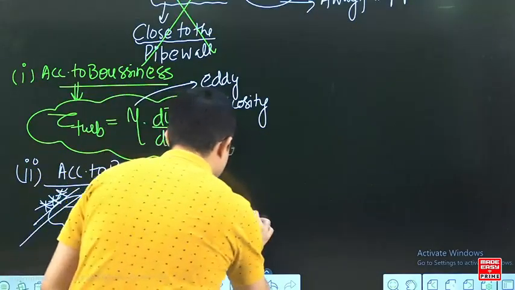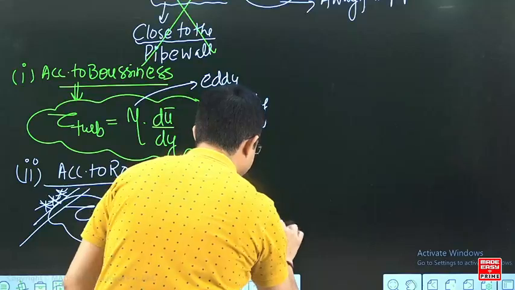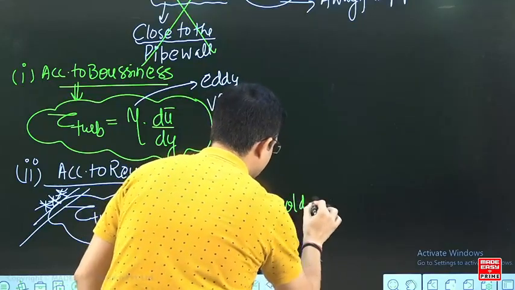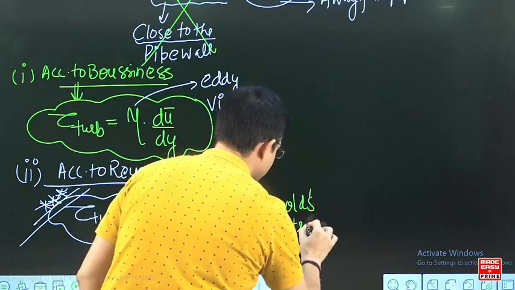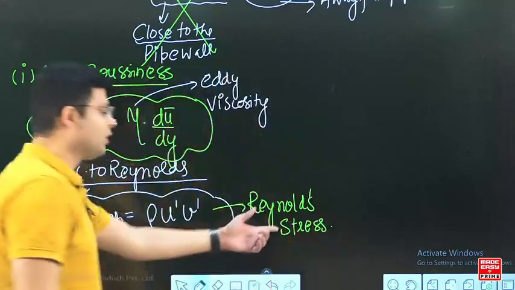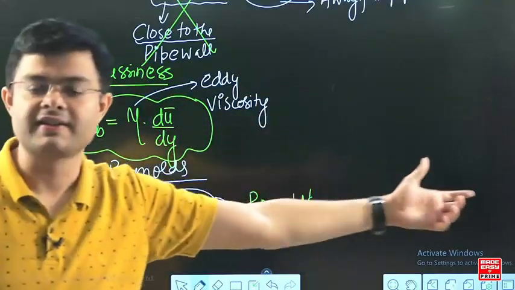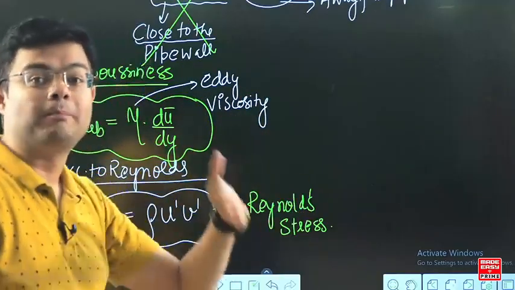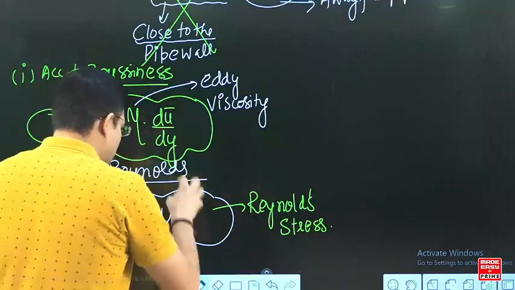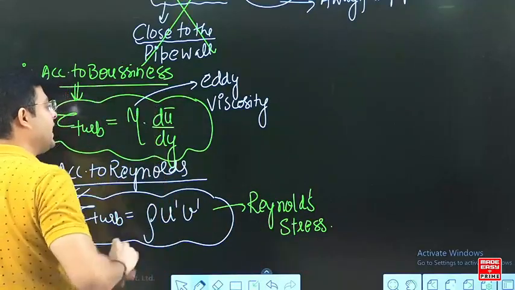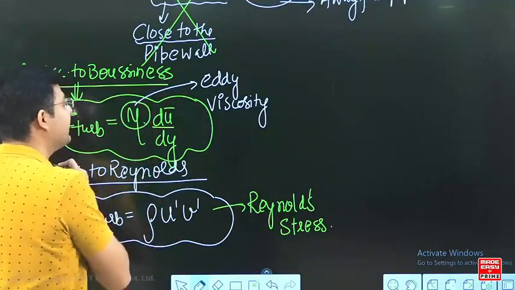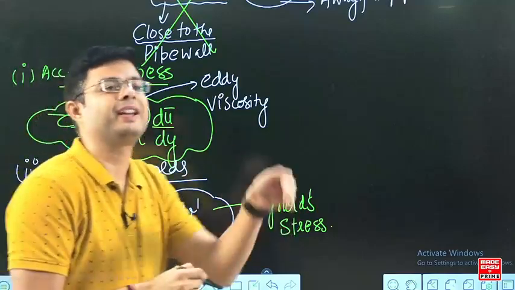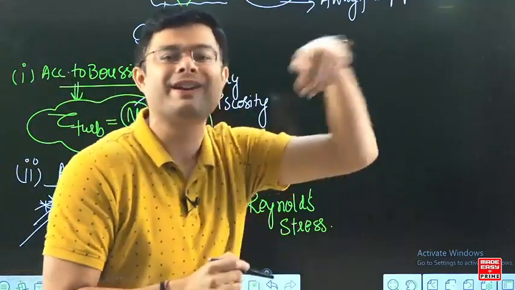These are also known as Reynolds stresses. Actually, with the help of this symbol eta in his theory, Boussinesq wanted to represent the Reynolds stresses.